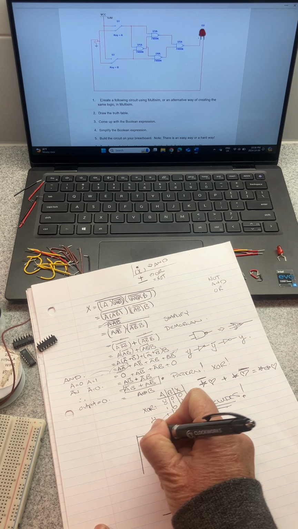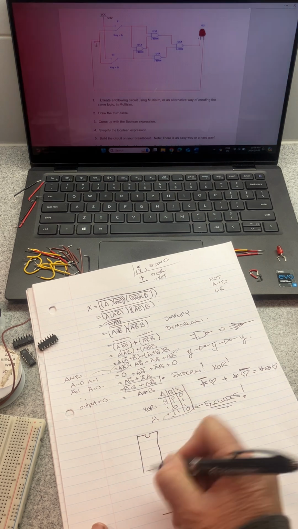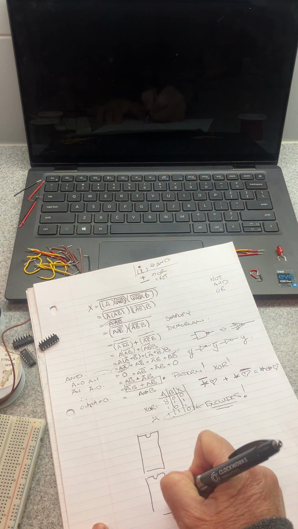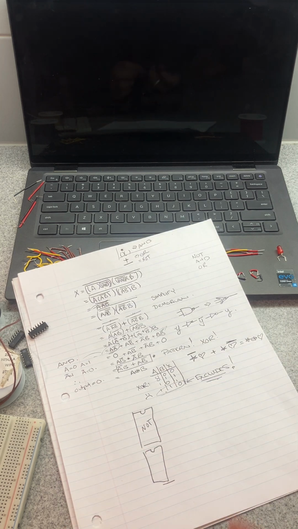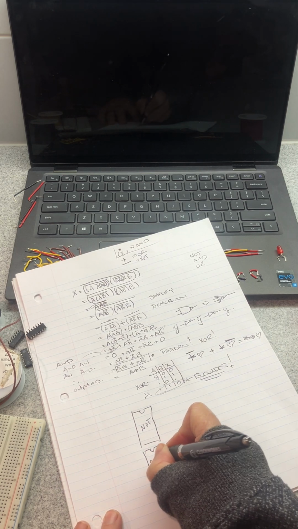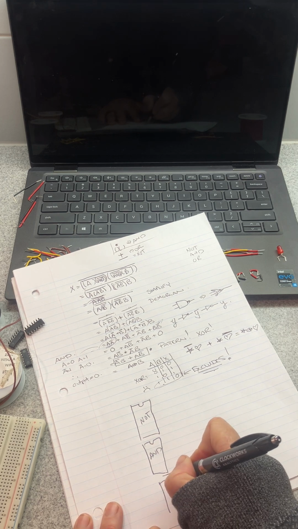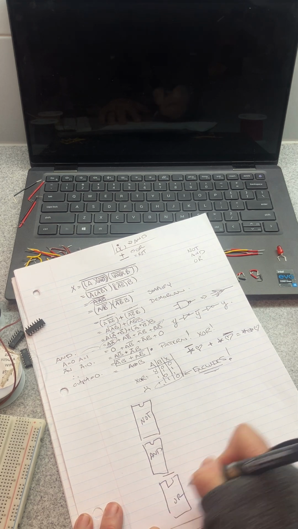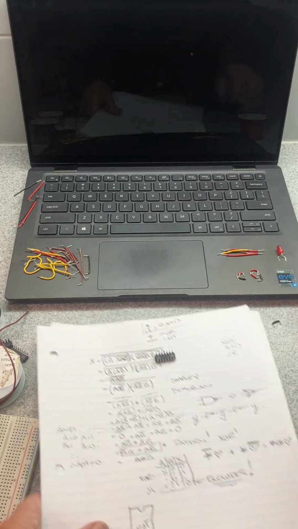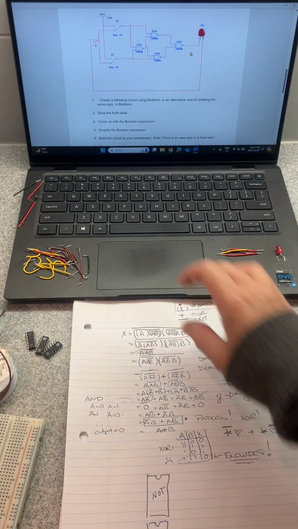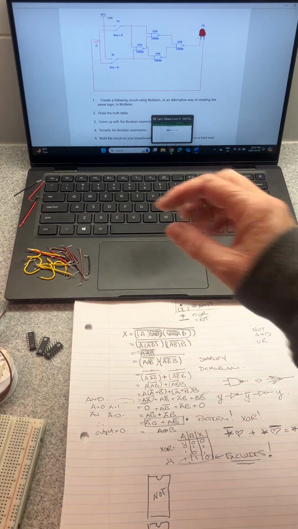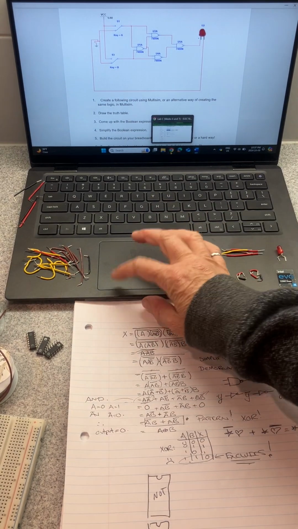I have these gates. I have an inverter. This is NOT. I have an AND and an OR. And what I like to always tell you is if you don't know how to wire something, the thing that tells you how to wire it is the pinout.